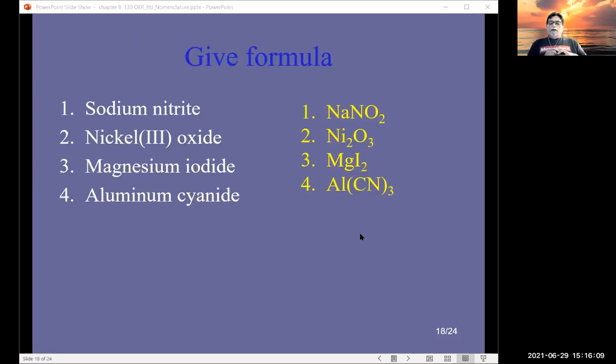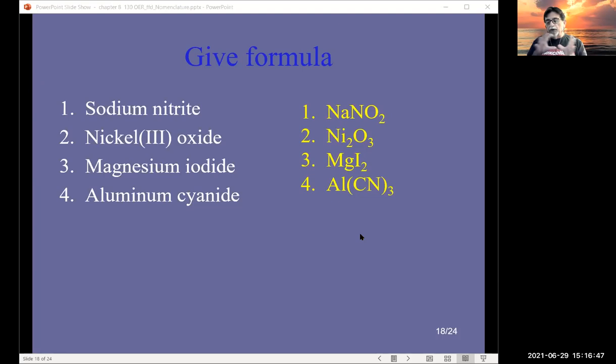Now, the key points to take away from here: one, I gave you 16 elements that have a fixed oxidation number. Those 16, we don't use Roman numerals to distinguish. There's only one of those ions. That means all the other metals have a variable oxidation number. Therefore, we have to use Roman numerals for all the other metals.